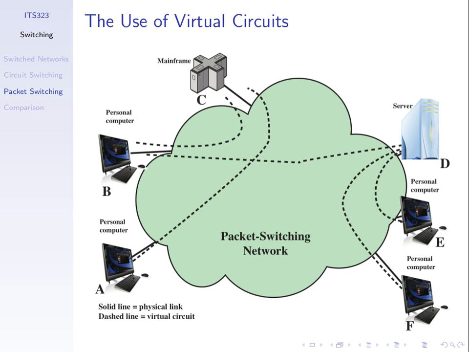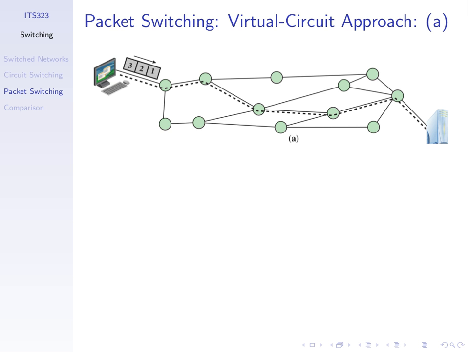So for example, before the source computer sends to the destination computer, it sends a special message along a path saying I want to connect, I want a virtual circuit. The destination will respond saying yes you can, and then they'll send the data. And the virtual circuit is set up, and in this diagram it's shown as the dashed line.